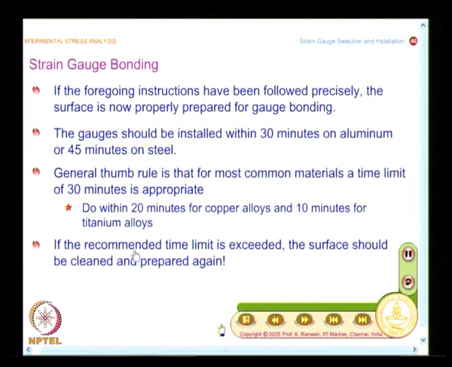If the recommended time limit is exceeded, the surface should be cleaned and prepared again. This is a penalty that you will have to pay, so it is better that you see this 2-3 times, find out the procedure involved, keep all the accessories ready, and then do your installation.